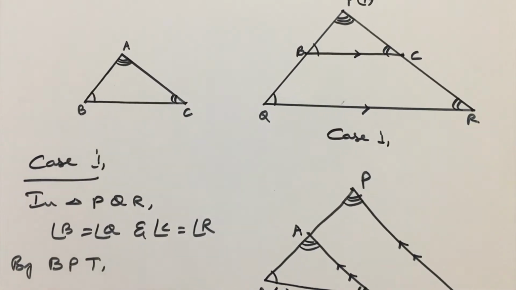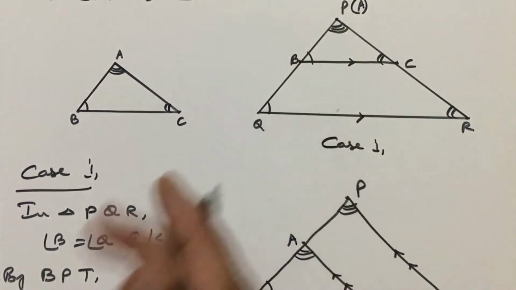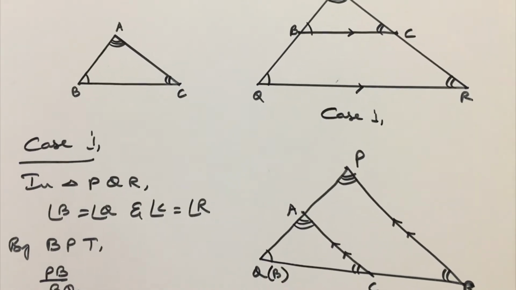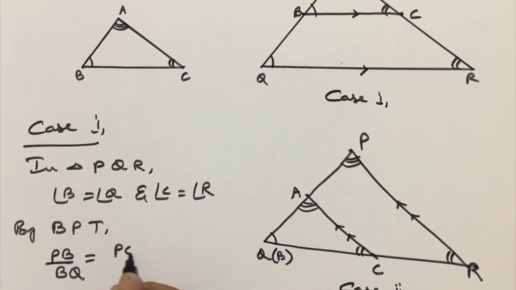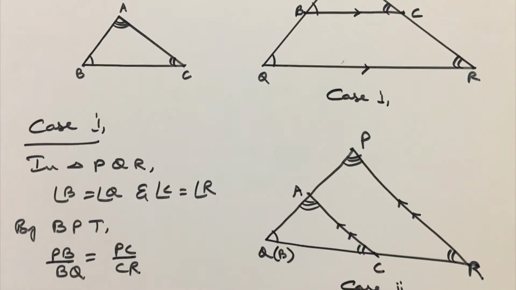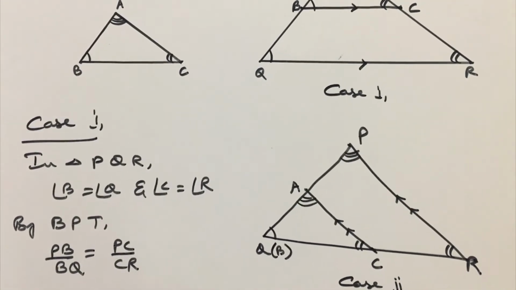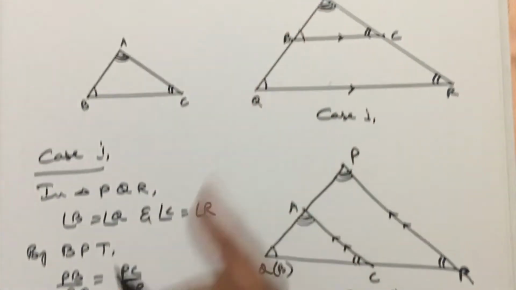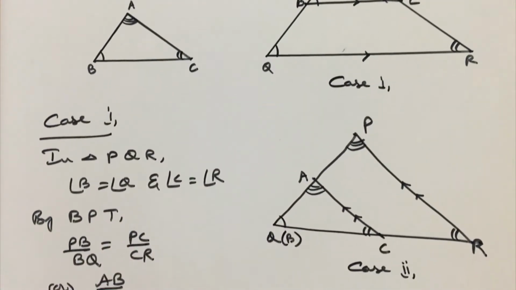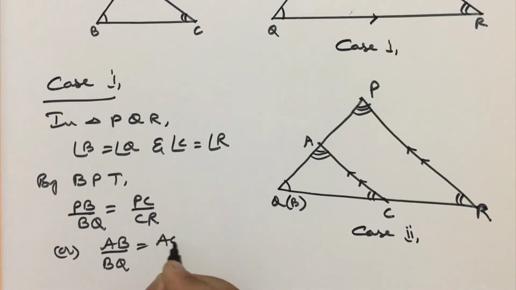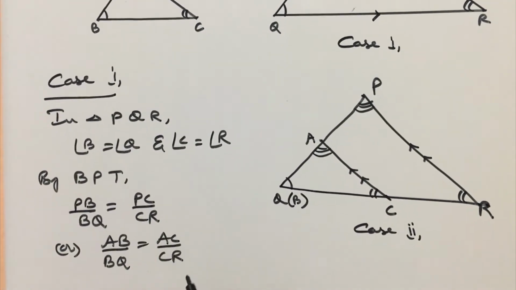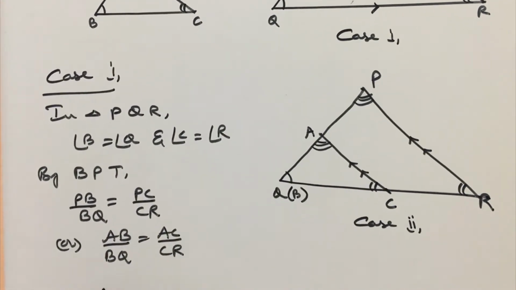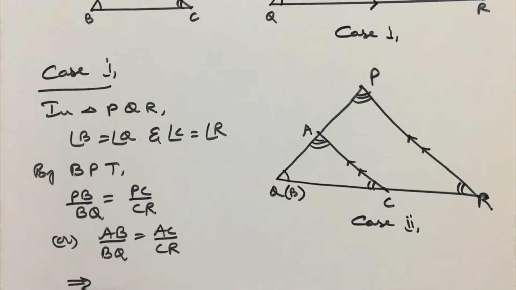By the BPT theorem you can say that PB by BQ is equal to PC by CR. Or else you can write this in this manner, AB by BQ is equal to AC by CR, because A is at P, so in the place of P, A is coinciding with it.